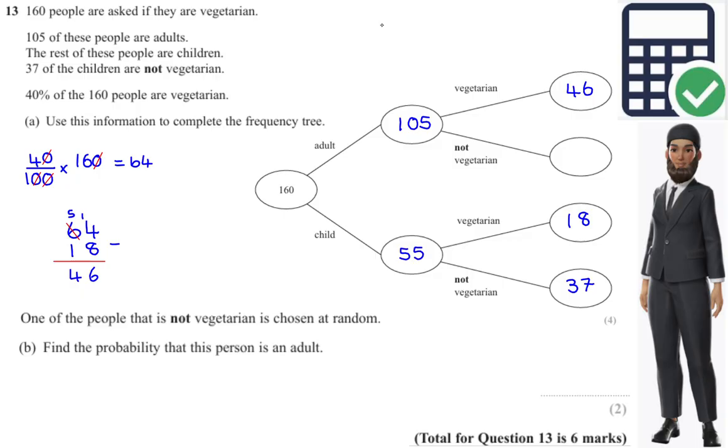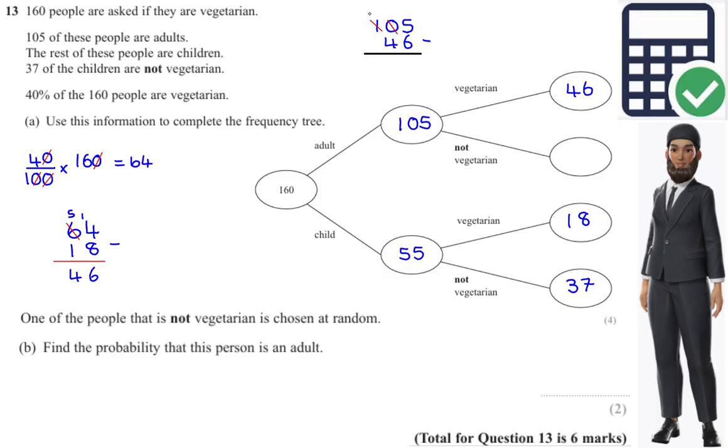And then 105 minus 46. Let's do that over here. 105 minus 46. You're going to have to borrow from over here immediately. Let's change that color. You have to borrow from over there. You have to borrow again from over here.